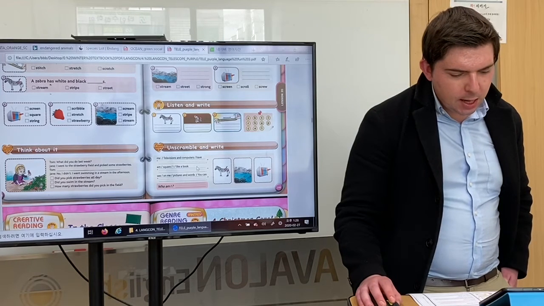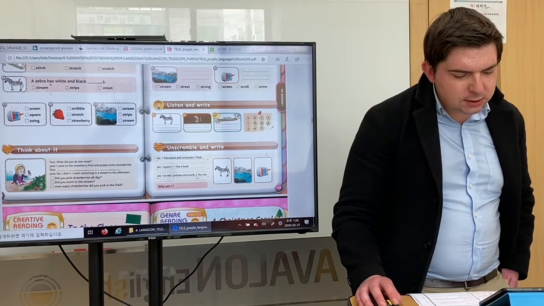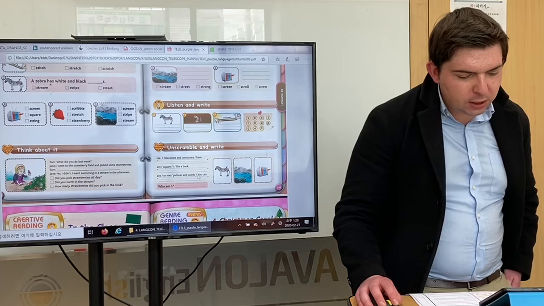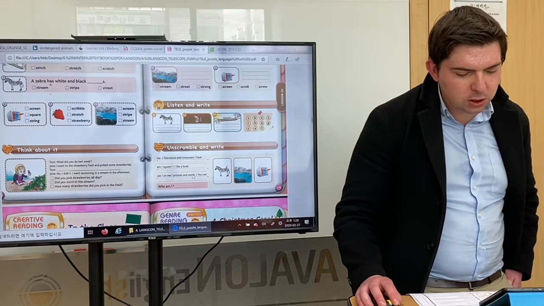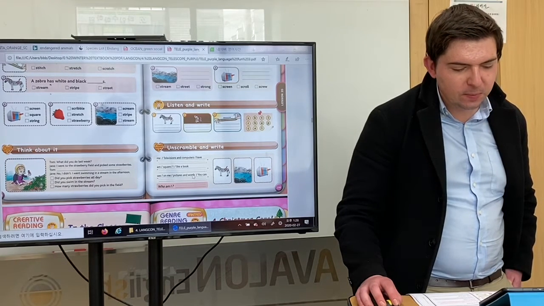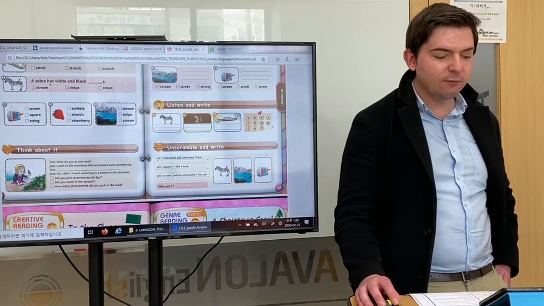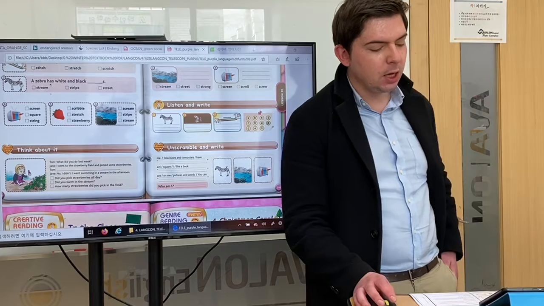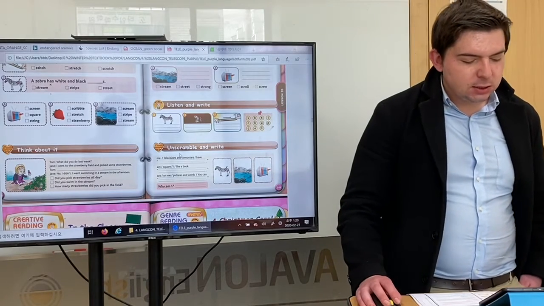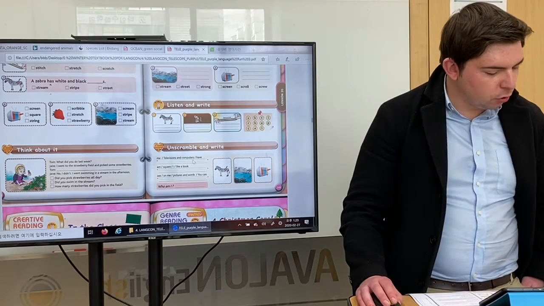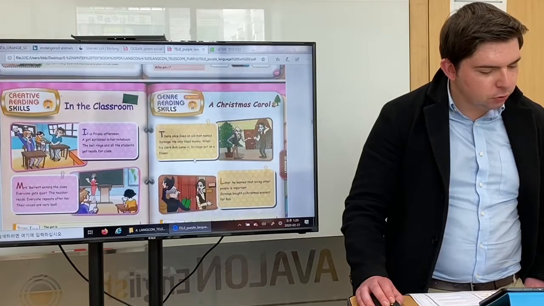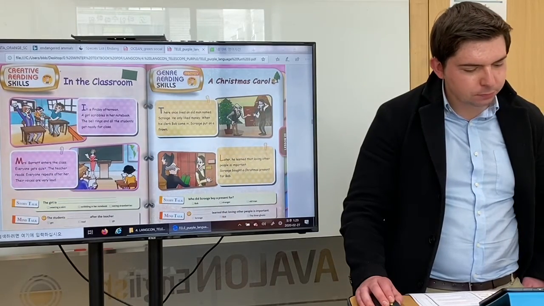Okay. And you can see pictures and words on me. Screen. Yes, so we have the who am I, screen. All of these point to screen. Okay, on to creative reading.